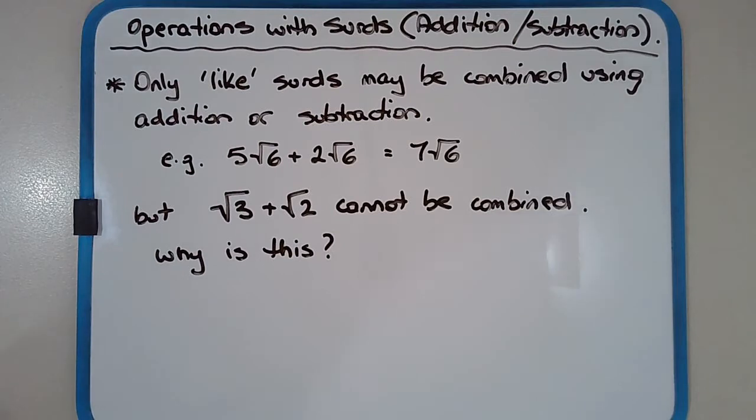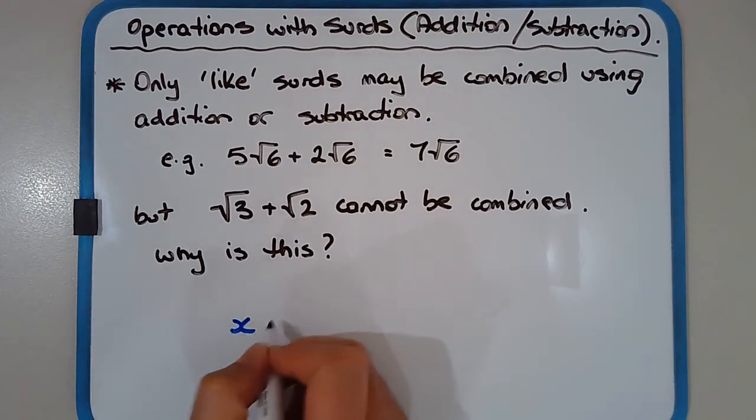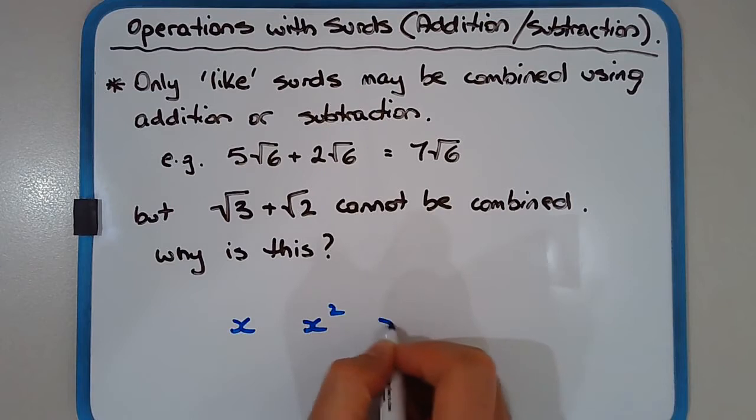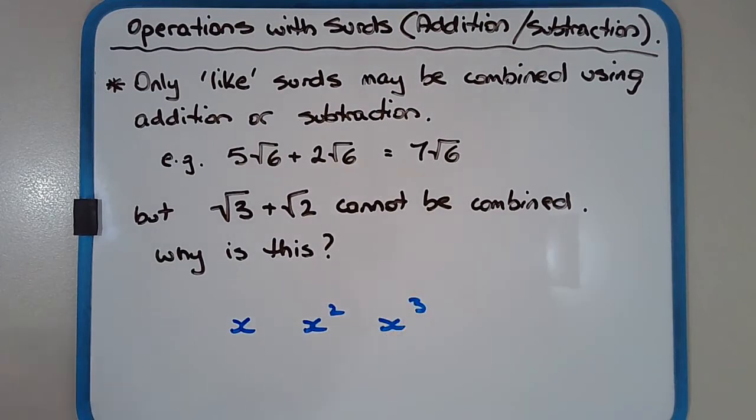But why is this? The question can be answered by looking at some of the fundamental rules of algebra. What's a like term in algebra? I might just write a few here. X squared, x cubed. These terms are not like terms.